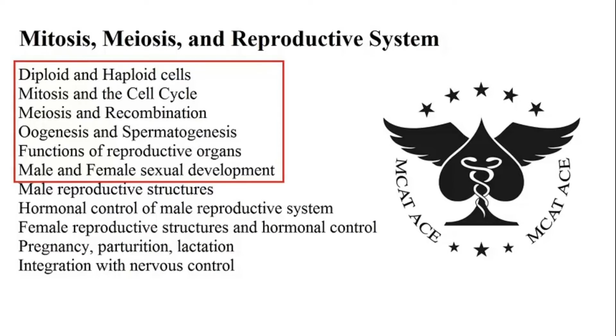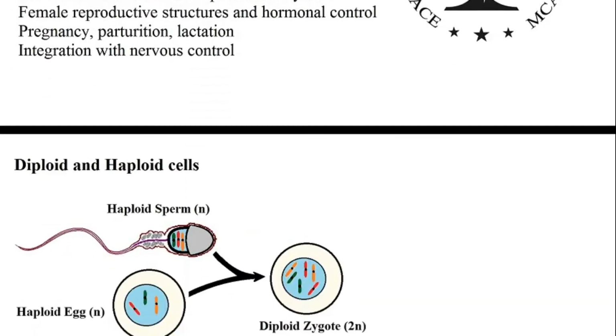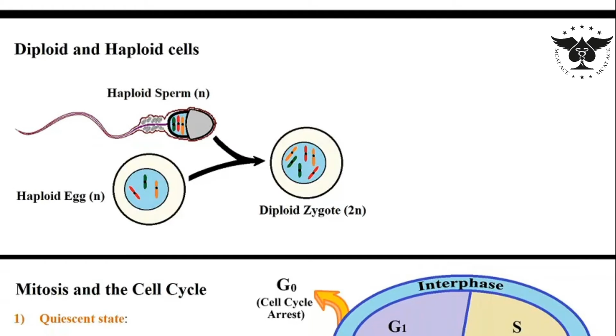All right, so starting with the first part of this video, let's go over the difference between diploid and haploid cells. Basically, cells that have two copies of each chromosome, the other name for which is homologous chromosomes, are called diploids. Here, for instance, you can see a diploid zygote.